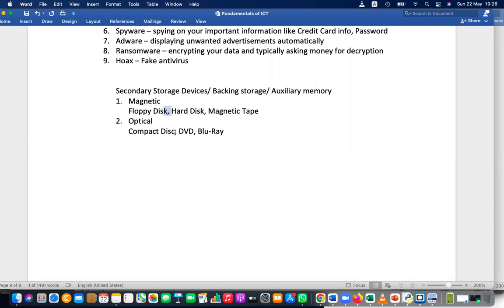For optical, we typically use C. DVD is digital video disc. Initially it was digital video disc, later renamed as digital versatile disc. Initially it came with videos, but later it was reintroduced as versatile. Versatile means multiple tasks can be done using these devices.